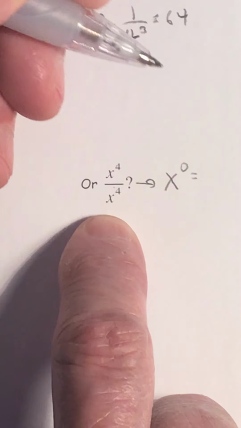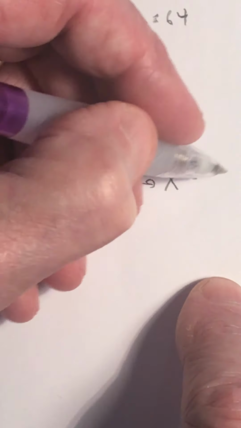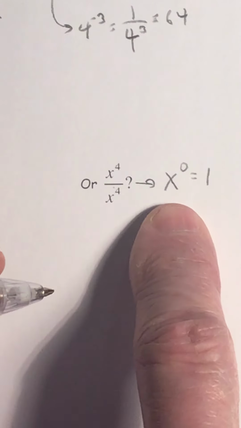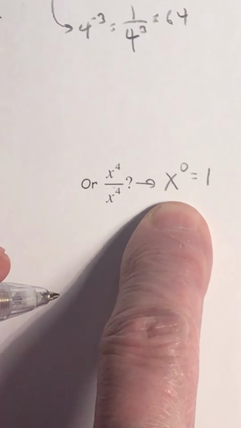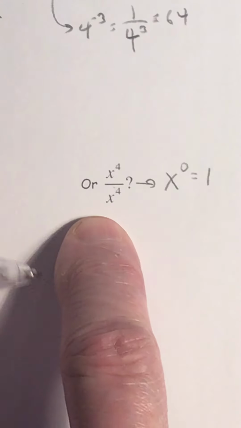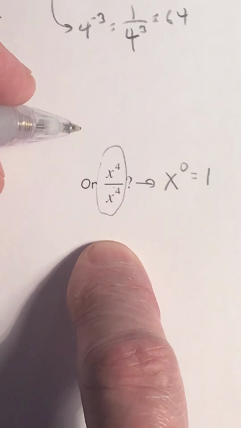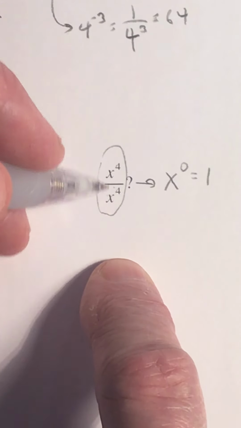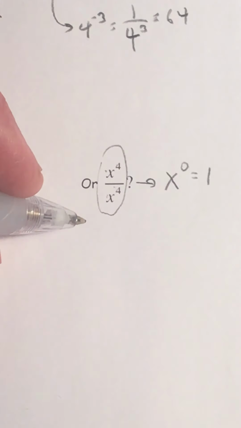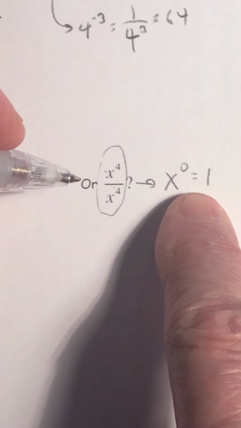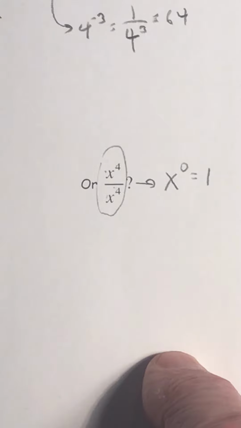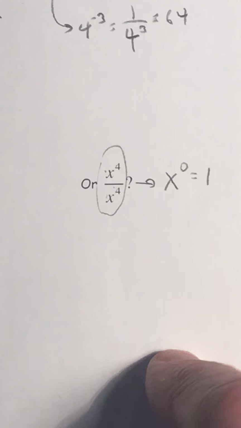And as long as x itself isn't 0, as was said 10 minutes ago or so, this is equal to 1. That makes perfect sense because we learned a long time ago if you've got the same exact number top and bottom of a fraction, the fraction equals 1. See how that holds together with everything else we know?